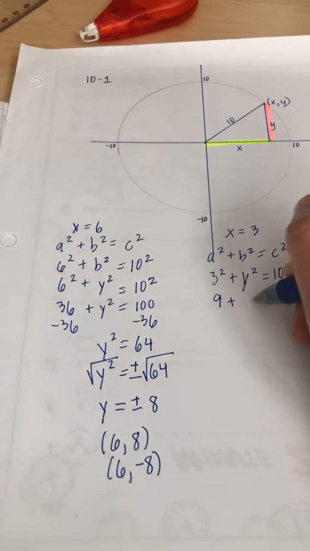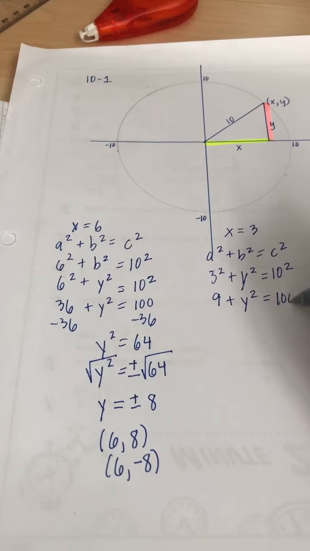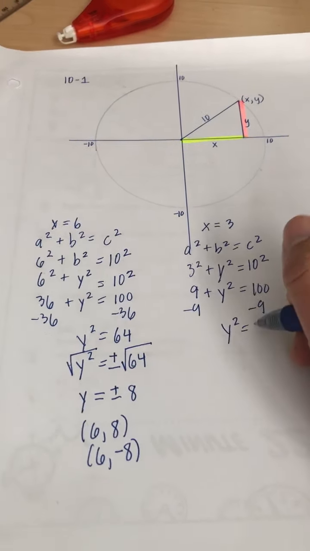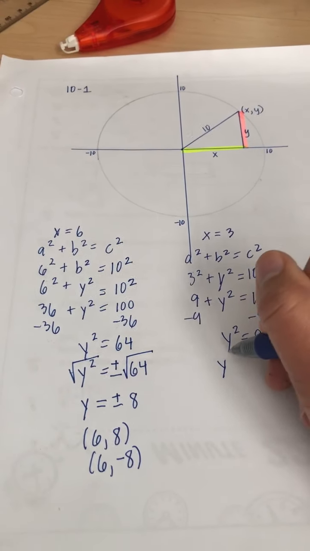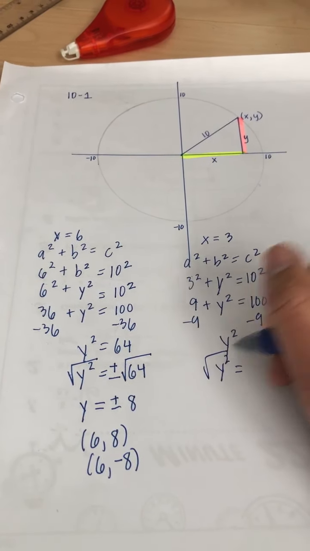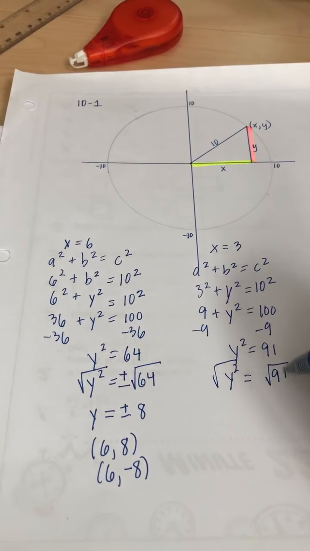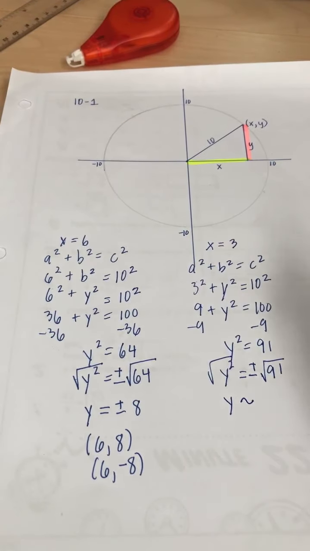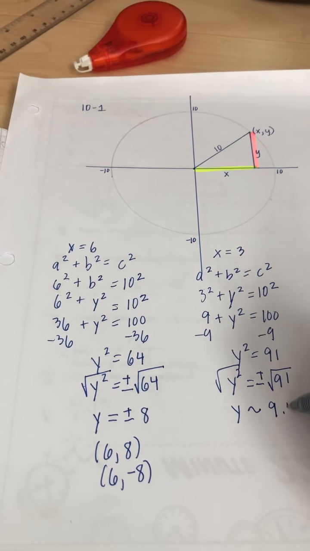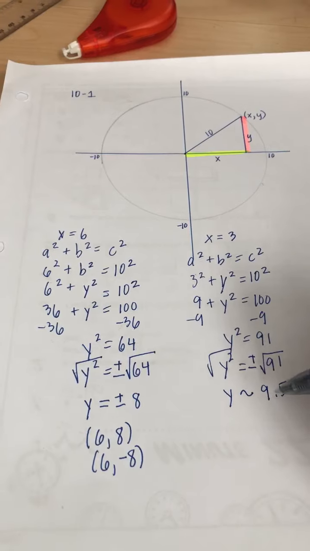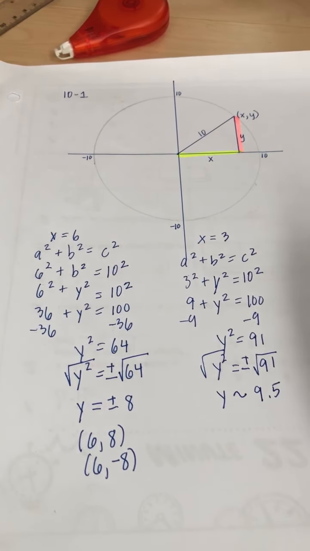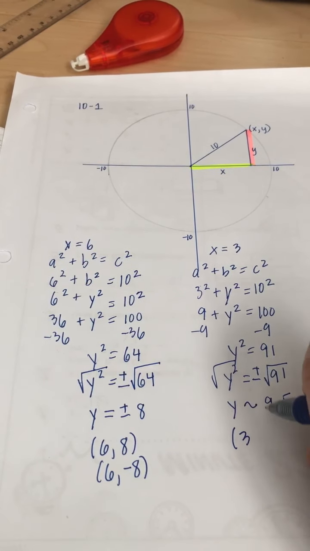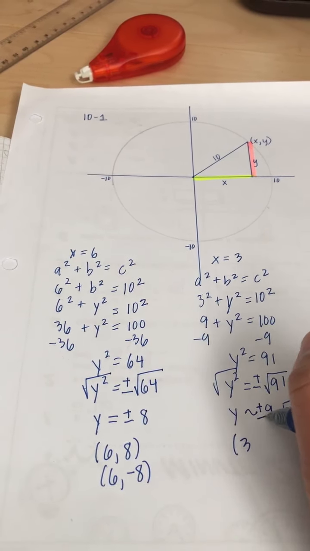Now we can solve for y, the other leg. So 9 plus y squared equals 100. Subtract 9 from both sides. Y squared is equal to 91. When we square root that, to undo the square, we get approximately 9.5. You can put that into your calculator. We know that when x is 3, oops, we need a plus or a minus.